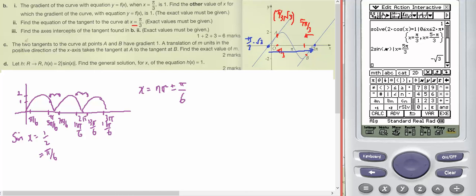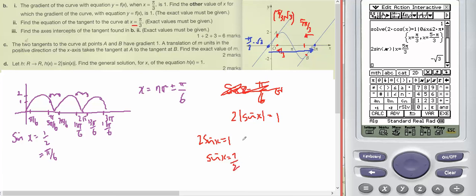Now how would that look if I did it the other way? So I've got the modulus of sine of x equaling 1 on 2, or 2 sine of x equals 1. So that's either going to be 2 sine of x equals 1, therefore sine of x equals a half, when sine x is positive, or negative 2 sine of x equals 1, sine of x equals negative a half, when sine x is negative.